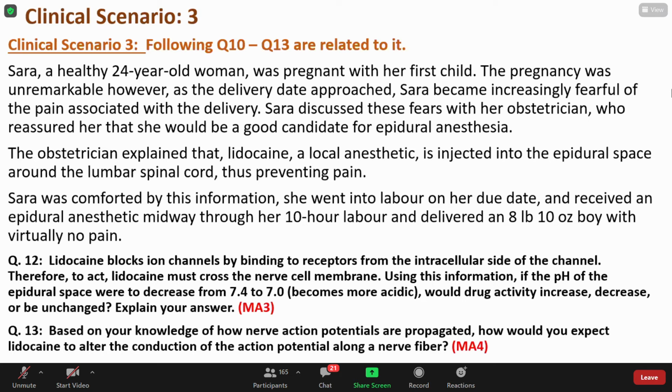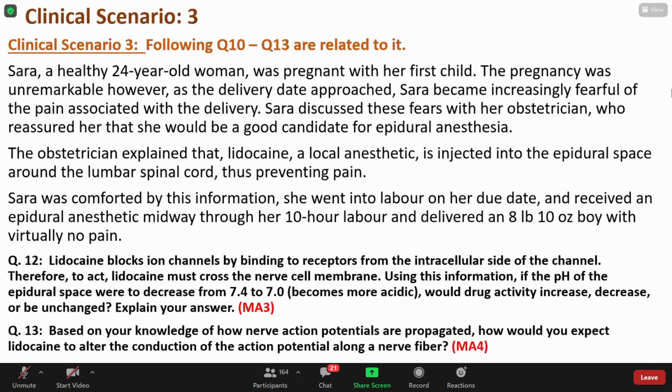So in other words, the lower the pH, the lower the proportion of the non-ionized form, which can penetrate the cell. And the higher the proportion of ionized form, which cannot penetrate the cell. So the low pH would decrease the amount of lidocaine which can enter the cell because there would be a lower proportion of non-ionized form which can penetrate the cell.